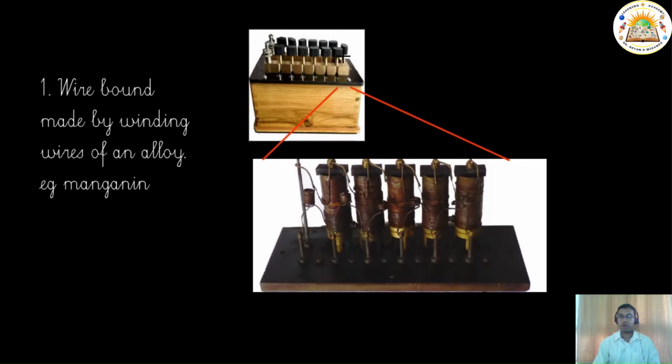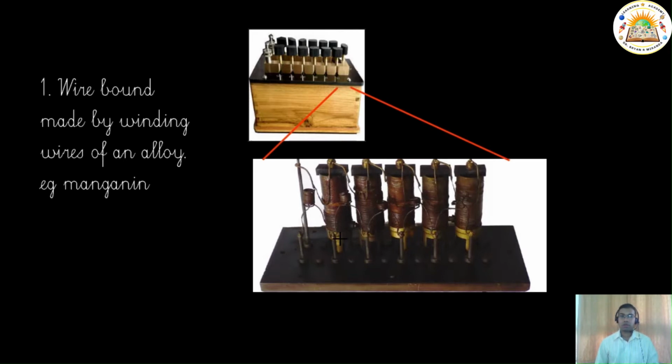If you remove this plug or pin, that means that much resistance through this wire you've opened, you've opened the passage of current. If all the pins are in place, there is no current going to flow. So this is a resistor. But if you remove one of the pins, depending on the value of resistance given, that much amount of current only will be allowed to flow.